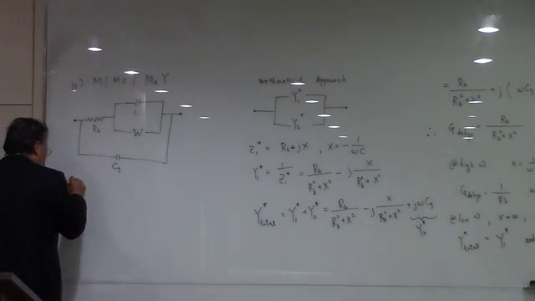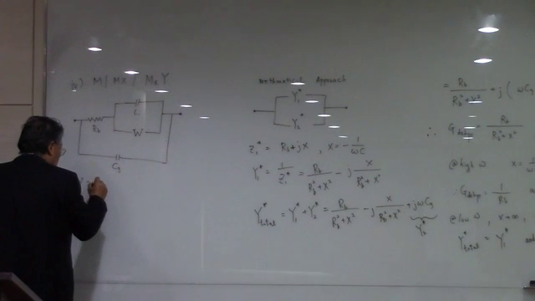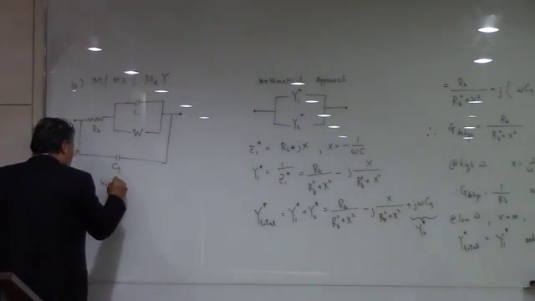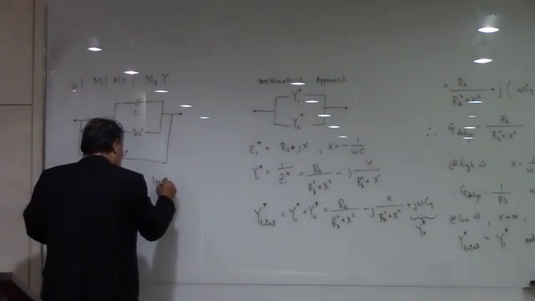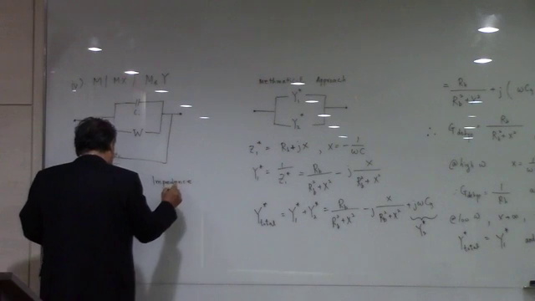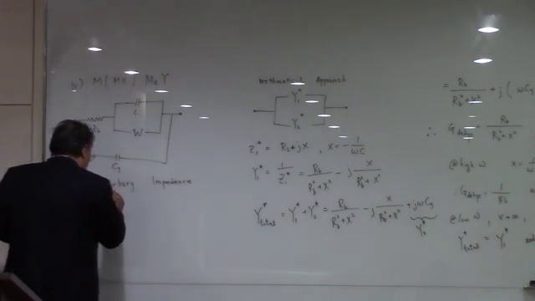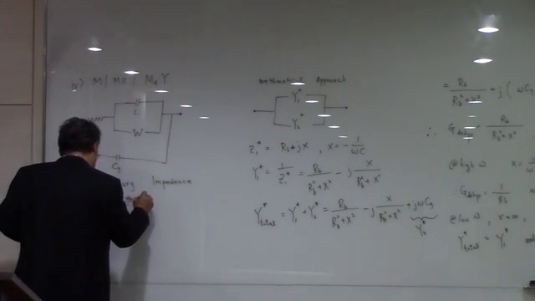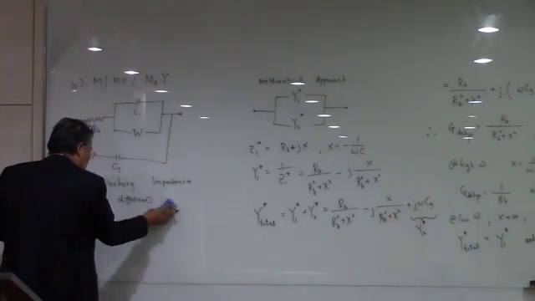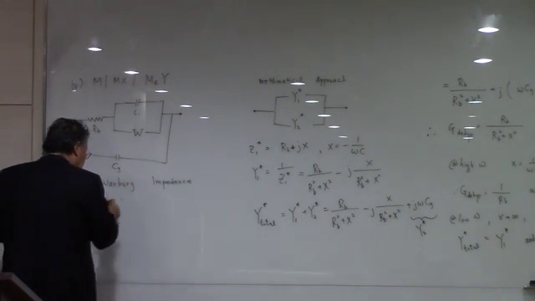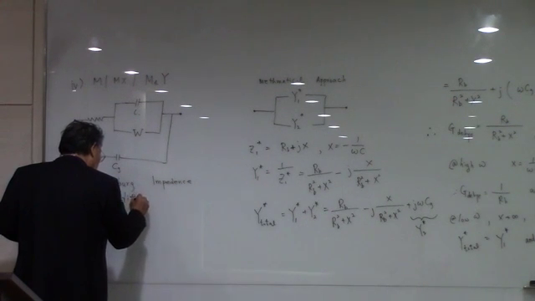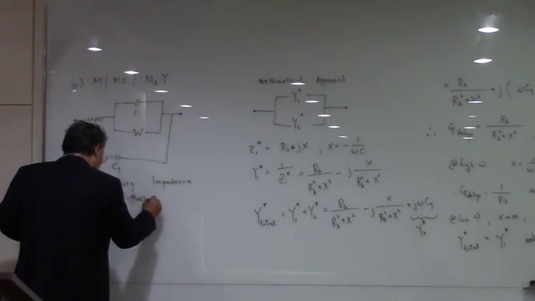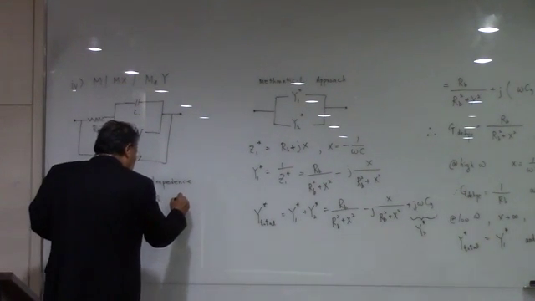Here the W is called the Warburg impedance. And this is diffusional impedance.